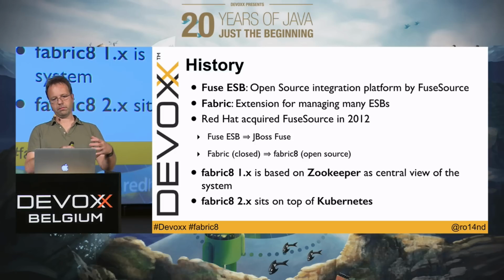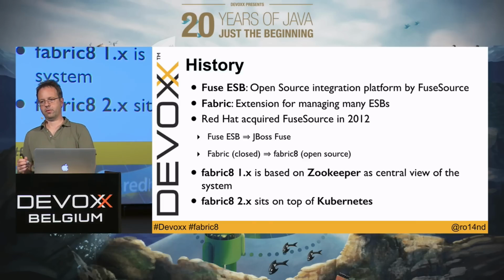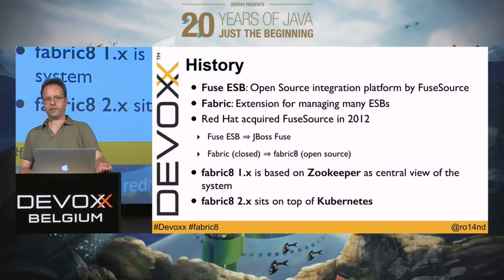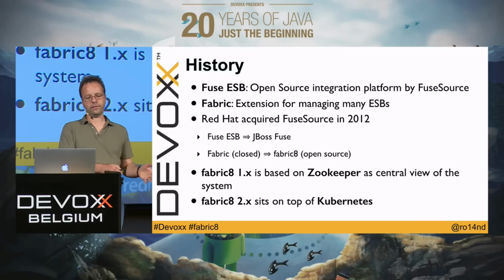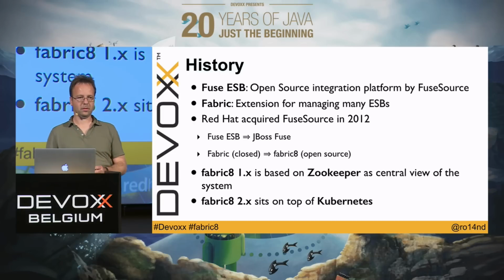So if you want to take an analogy, an ESB is more or less like a Docker container, whereas managing many ESBs is more or less this orchestration thing. In 2012, Red Hat acquired FuseSource, and there was some rebranding. So Fuse ESB became JBoss Fuse, and Fabric, this closed source software, became Fabric8, which is now open source and which I'm going to show you in a minute.